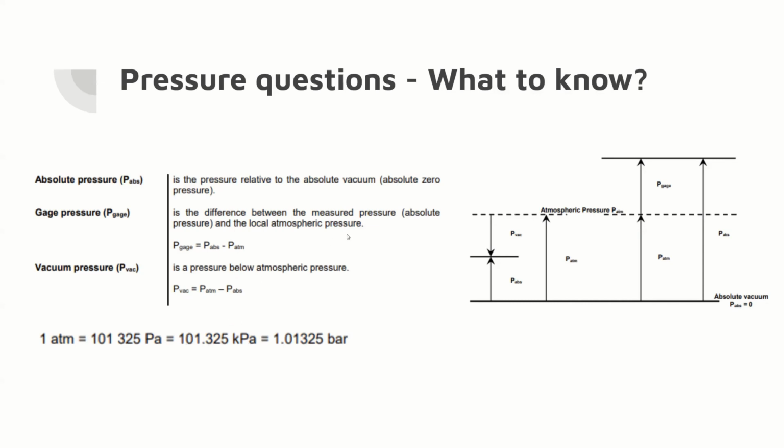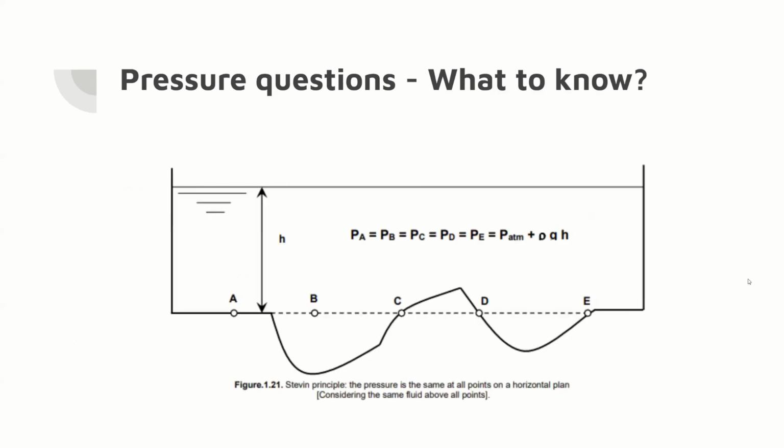So again, if you get a car tire that has a gauge pressure of 100 kilopascal, that means that your absolute pressure within that tire is 201.325 kilopascal. So it's either in reference with your atmospheric pressure or with your vacuum pressure. And you definitely won't be getting these types of questions.